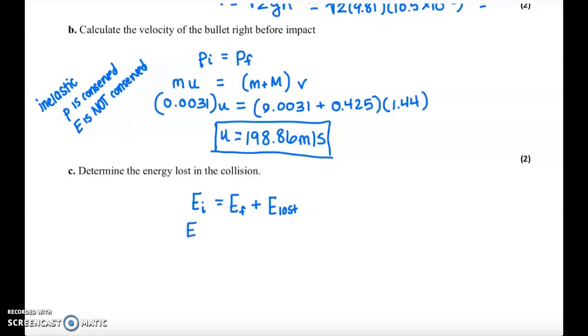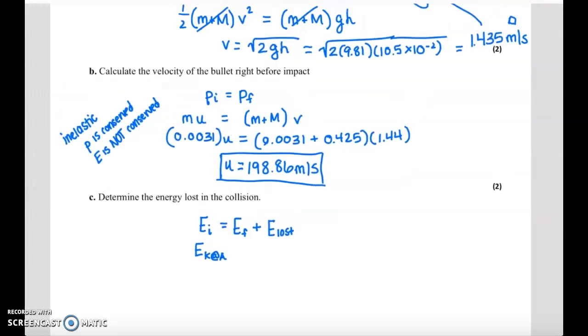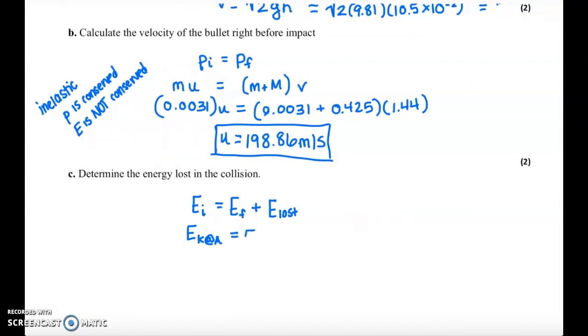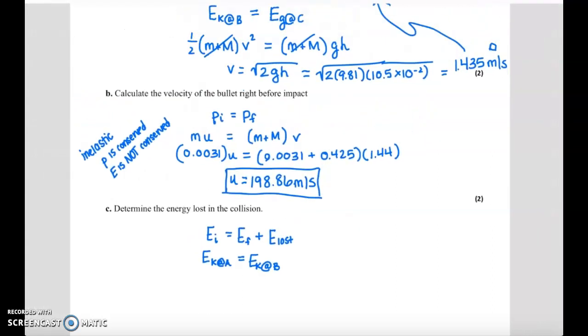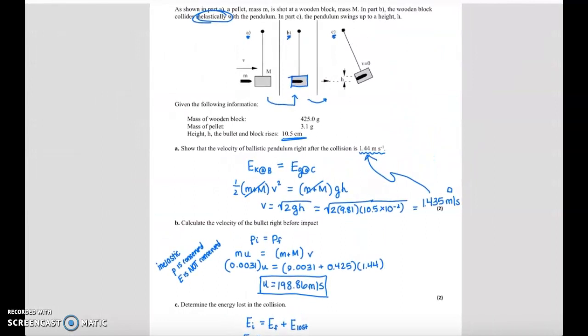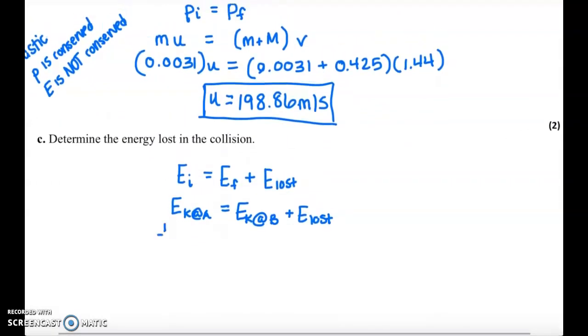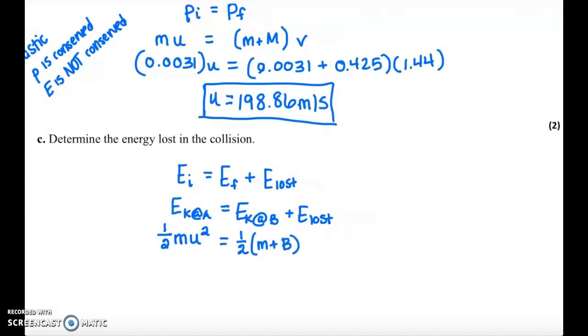What this translates to is the kinetic energy at A of just that bullet flying towards the block goes to the kinetic energy of both of them together at B, flying up to swing in part C. I'll carry down that plus energy lost. That's what we're looking for. So we have 1/2 m u squared is equal to 1/2, and then in part B, our bullet is inside the block.